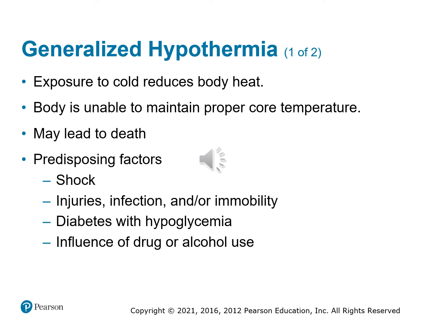So now when you expose it to cold, it's going to enhance and speed up that hypothermic process. Injuries, infections, and immobility are also predisposed factors. Diabetes with hypoglycemia. And then they found that patients that are under the influence of drugs or alcohol are also predisposed to this issue.